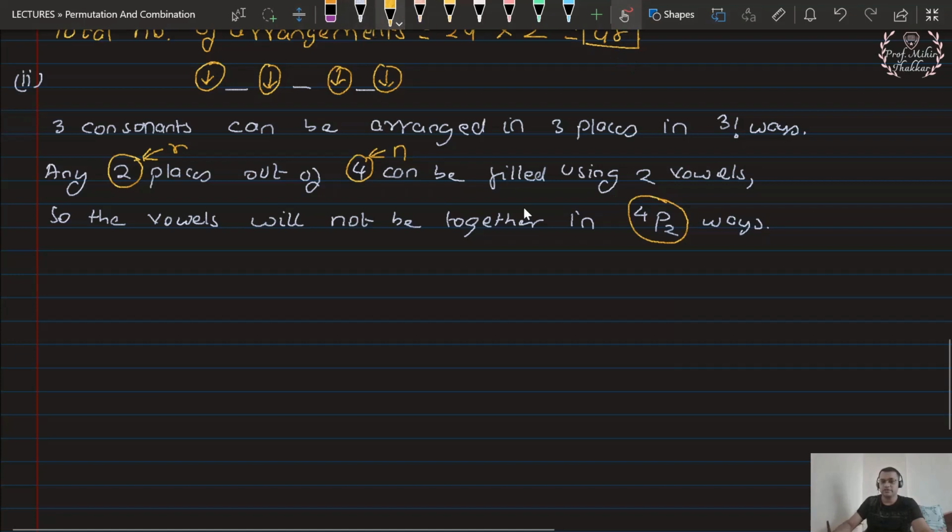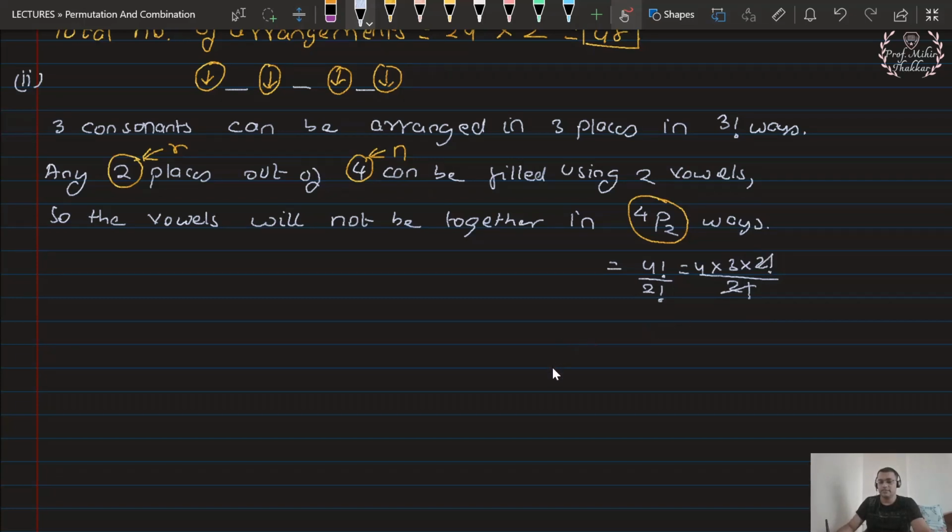So if I solve this 4P2, this will become 4 factorial upon 2 factorial, which is equal to 4 into 3 into 2 factorial upon 2 factorial. Just cancel this off and you will get 4 into 3 as 12. So there will be 12 ways in which I can arrange the two vowels in 4 places.